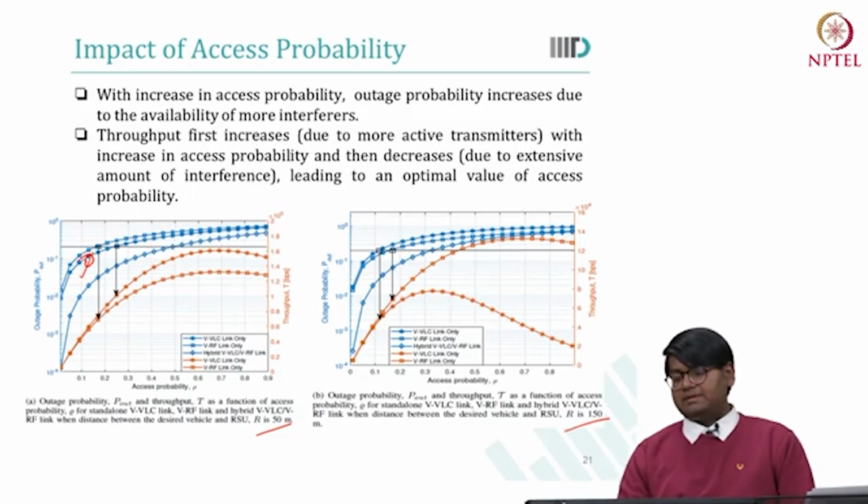But when my distance is 150 meters, the opposite trends are observed. Your VRF is performing better as compared to my VLC. So we can say that your vehicular VLC is suitable for low communication range, while your vehicular RF is more applicable for long range communication.